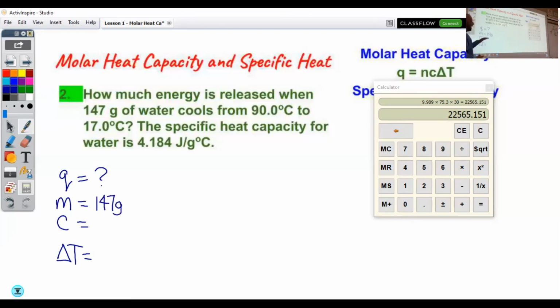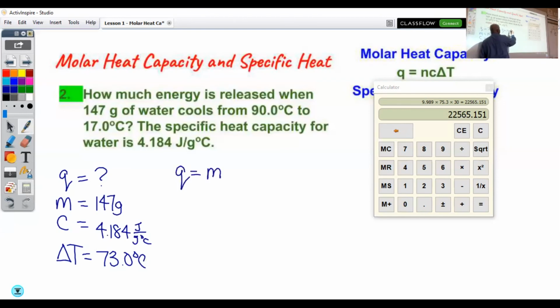We cooled from 90 degrees Celsius down to 17 degrees Celsius, or a difference of 73.0 Celsius degrees. And we're given our specific heat of water as 4.184 joules over gram degrees Celsius. Once again, we can plug into our equation, Q equals mCΔT.